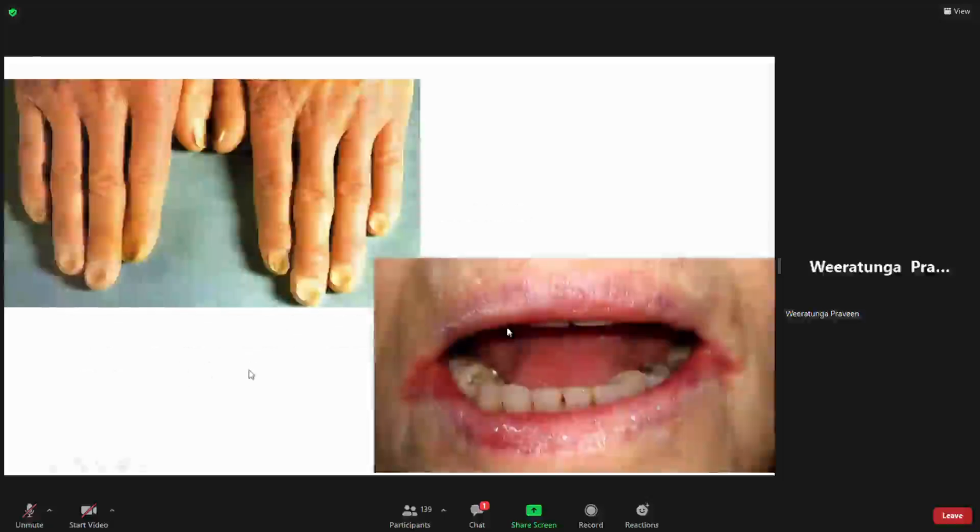Now that's something special. These are some of the physical signs that you see in patients with iron deficiency anemia. So koilonychia, very brittle spoon-shaped nails, and also angular stomatitis, which is shown in the angle of the mouth in this picture.